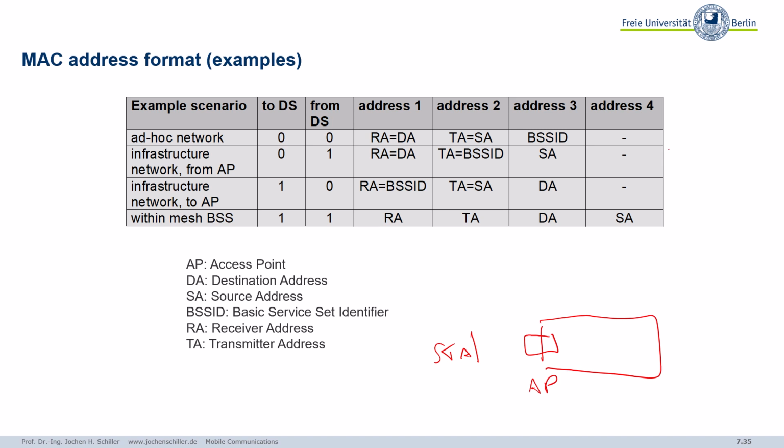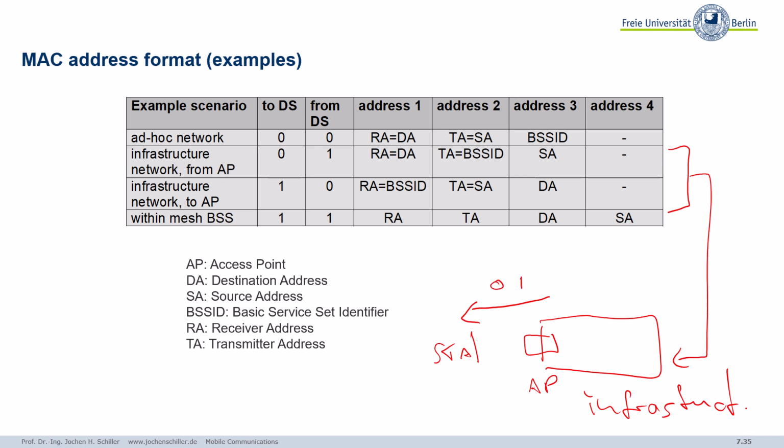This is for the infrastructure network. If you have a packet that goes from the access point, then you set the from DS bit but not the to DS bit. And then the address fields have a certain meaning.